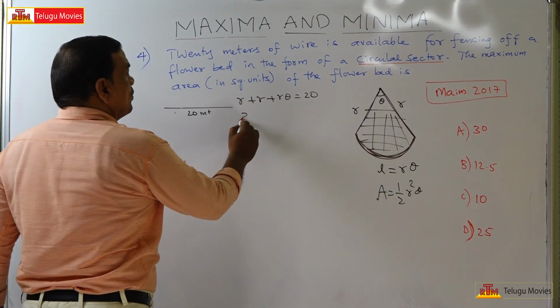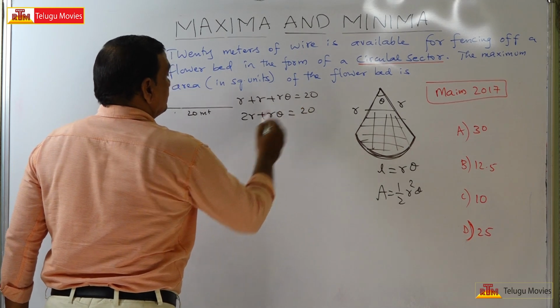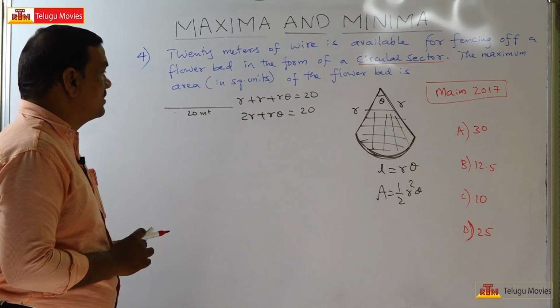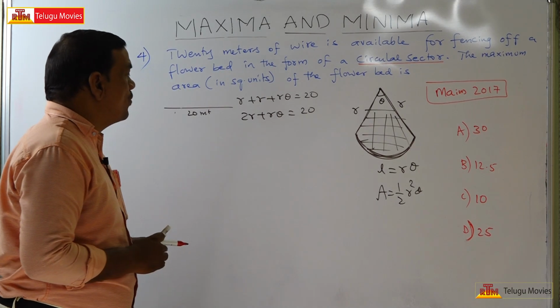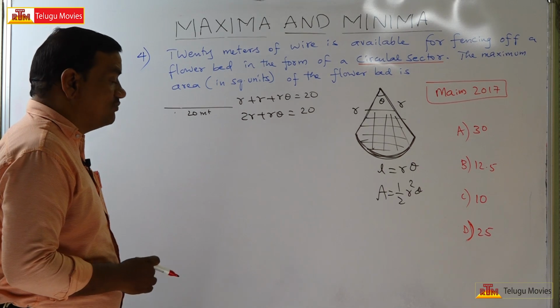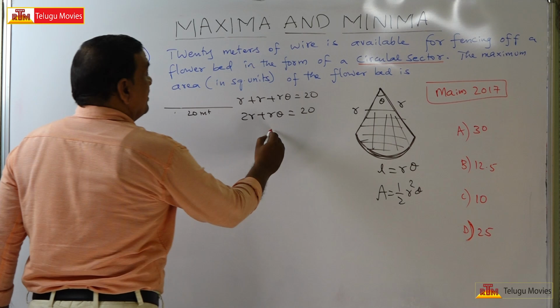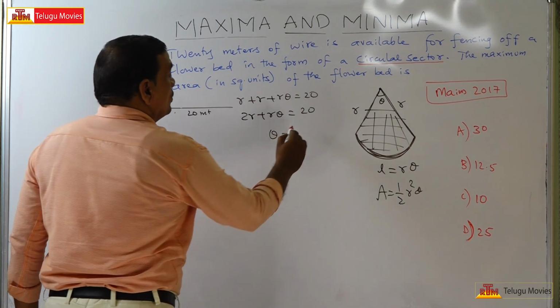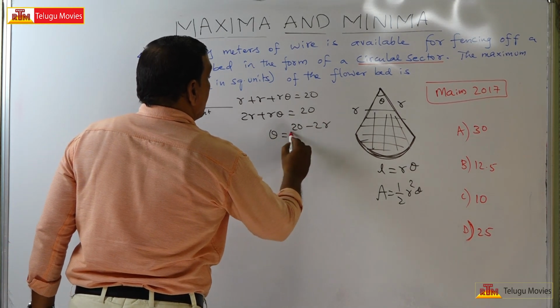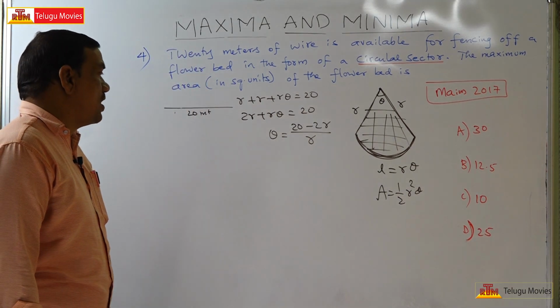So 2r plus r theta is equal to 20. From this we can write theta in terms of r: theta is equal to (20 minus 2r) by r.